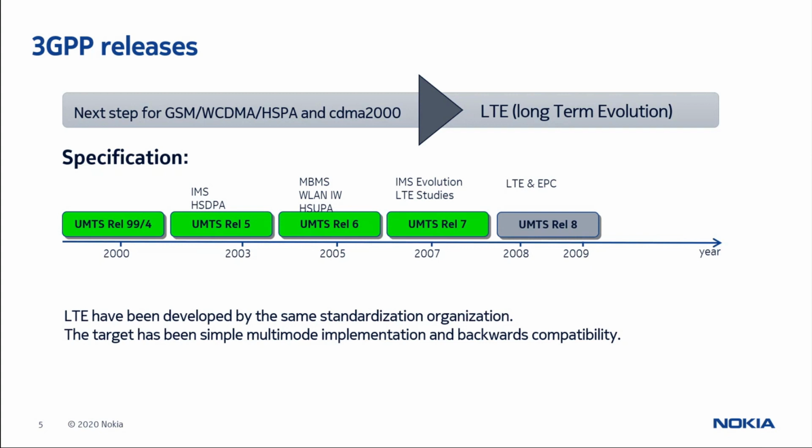You will also see what EPC is and what it stands for. But just remember that in 2008 and 9, we had UMTS Release 8, which is responsible for LTE commercial rollout.